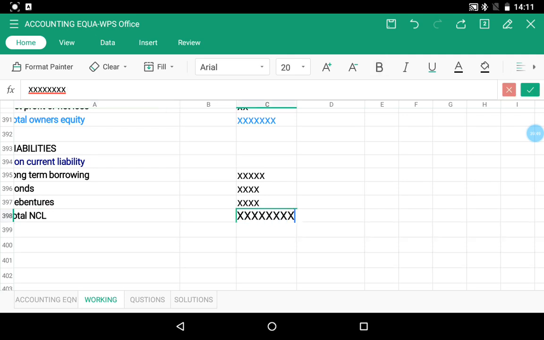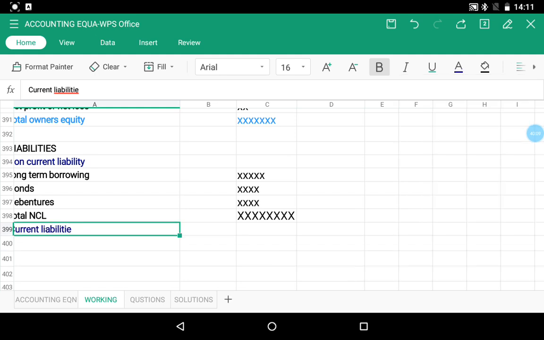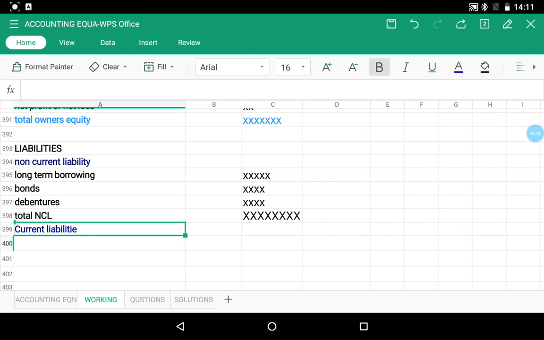So after you come and get current liabilities, of course, when you talk about current liabilities, these are things that you used but you have not paid. So anytime you are going to pay, one of them is trade.